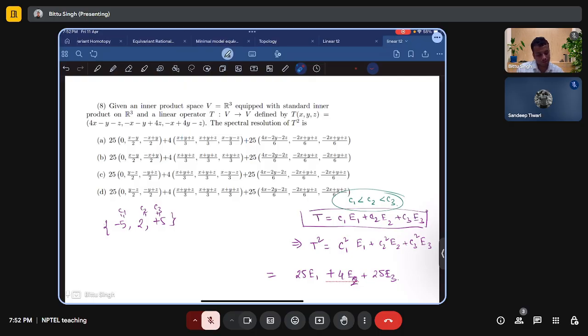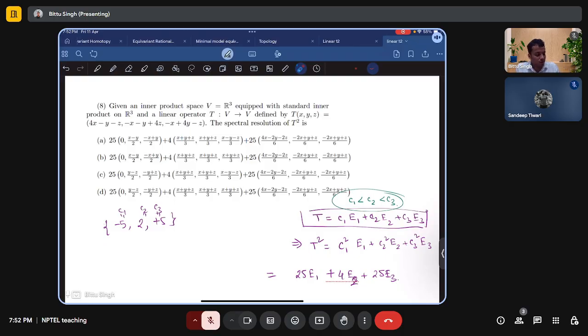So maybe if you use this definition of spectral resolution, let me check the definition actually. That should be the correct definition. In the spectral resolution, we write T as a linear combination of all those projections, and those C1, C2, C3 are in ascending order.